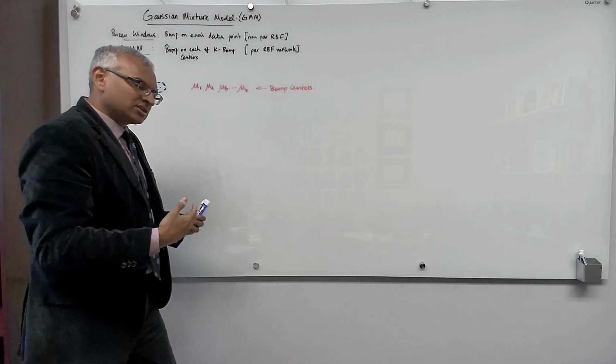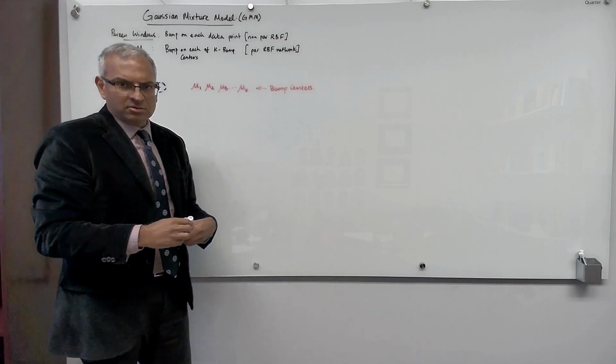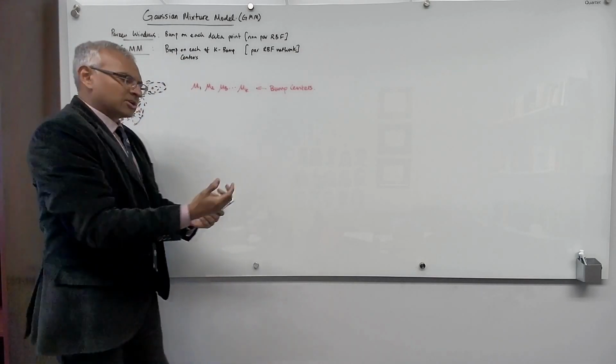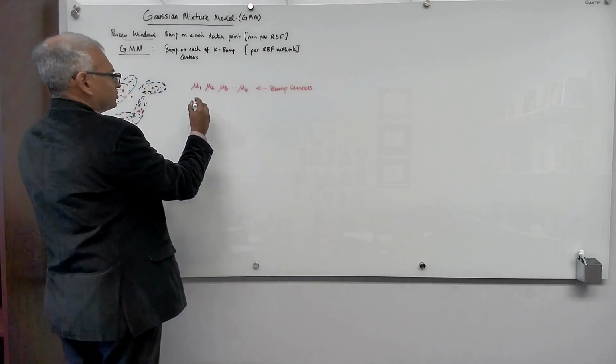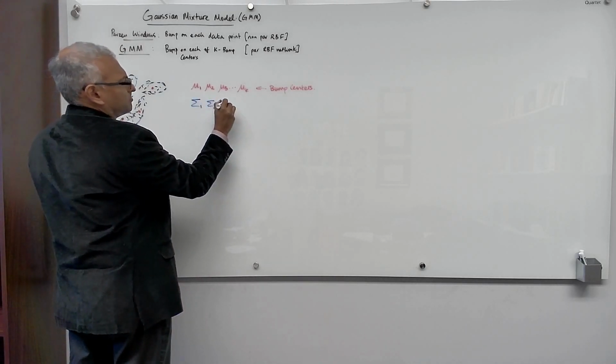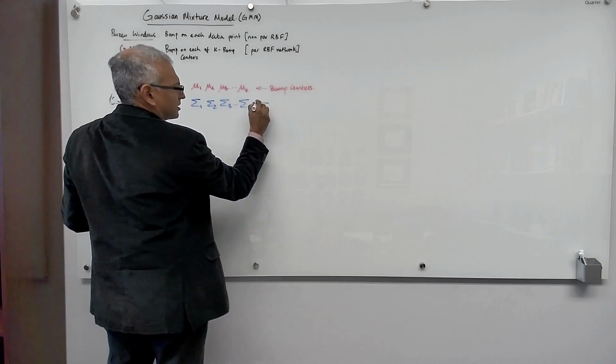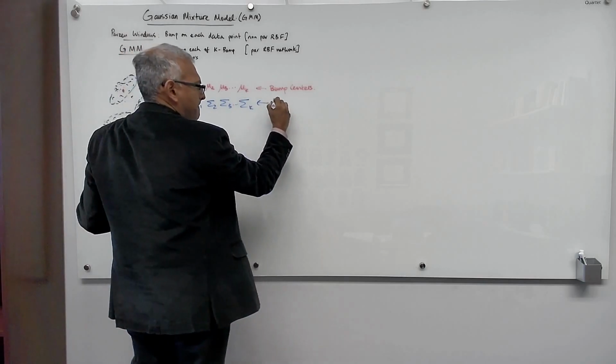That shape is specified by what we call the covariance matrix of the bump. So you'll have shape parameters sigma 1, sigma 2, sigma 3, up to sigma k. These are the bump shapes.